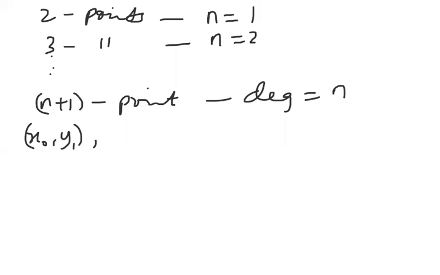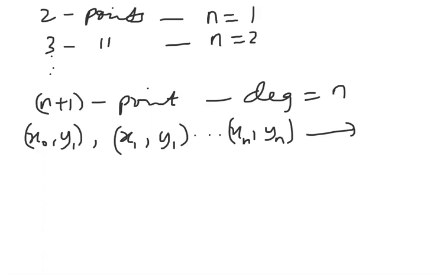Then the other point I can have is x1, y1 and so on up to xn, yn. Then using these points, I can find the interpolating polynomial of degree n. That's what I'll be able to get.